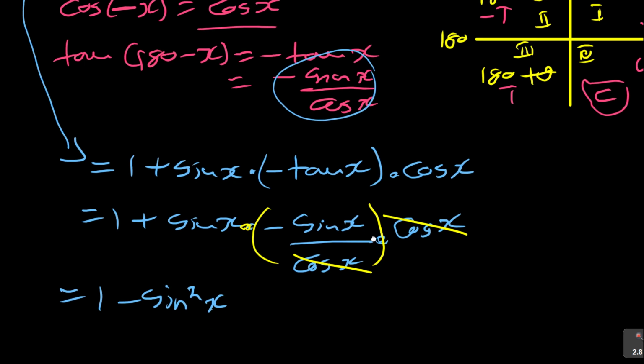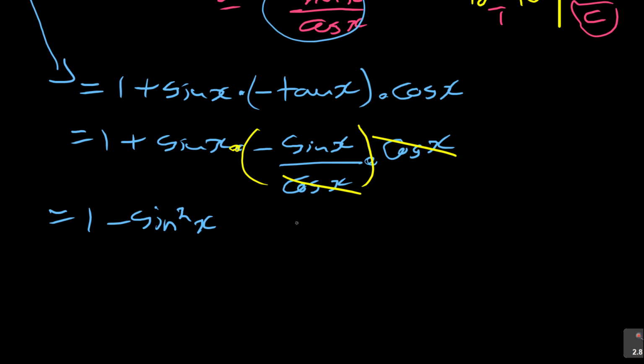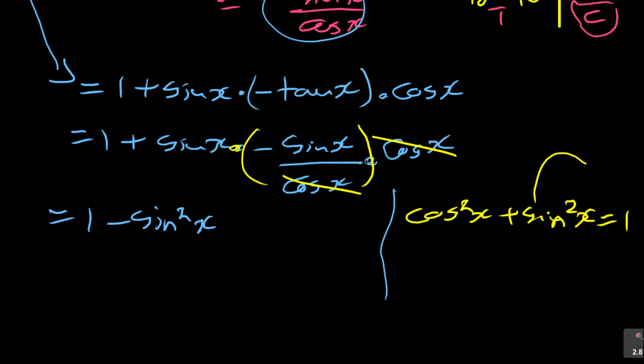So with this, you remind yourself, okay, this must look familiar to you because it comes from what? Cos squared x plus what? Sine squared x. You must know this identity. You must always know it. It's equal to 1. Then if I take sin to the other side, it's cos squared x is equal to 1 minus what?